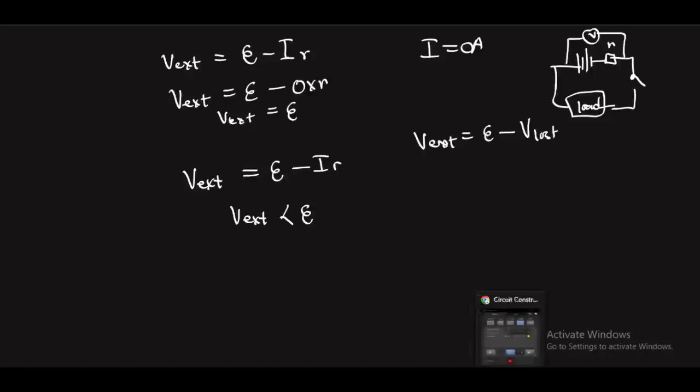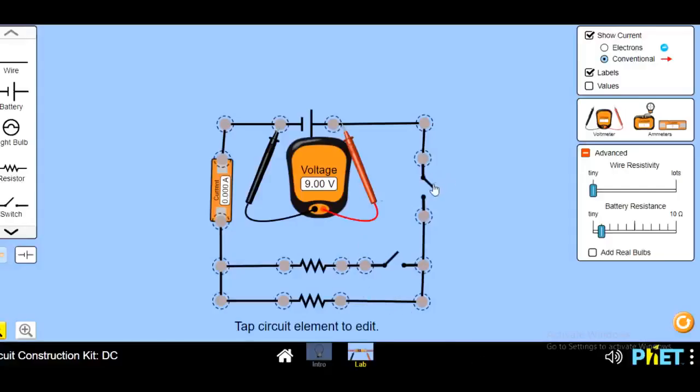Let's test it. Let's close the switch. Now the current is flowing through the circuit. As you can see, from 9 volts we moved to 8.18 volts.